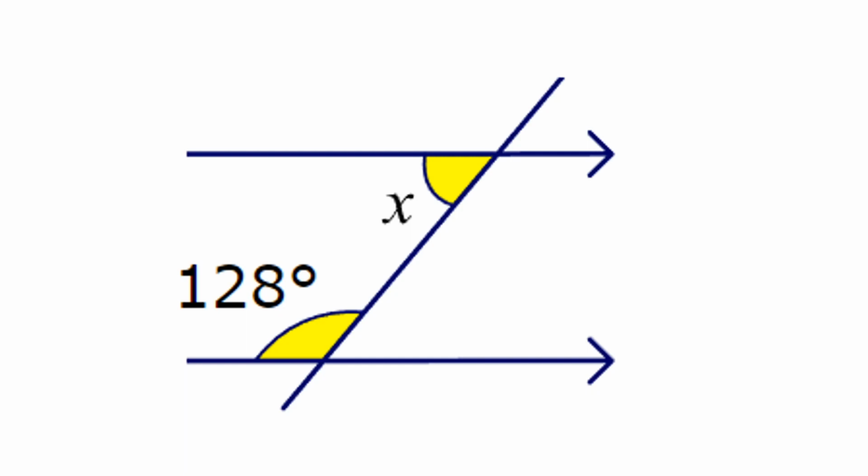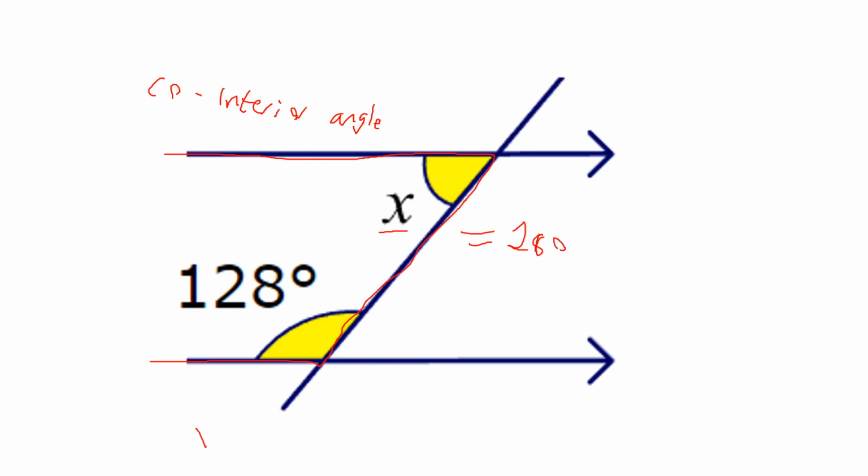If this is 128, what is x going to be equal to? Well, for this example, we can see that it has a C, like that. Whenever it has that, this is what's called a co-interior angle. And these two numbers will add up to 180.